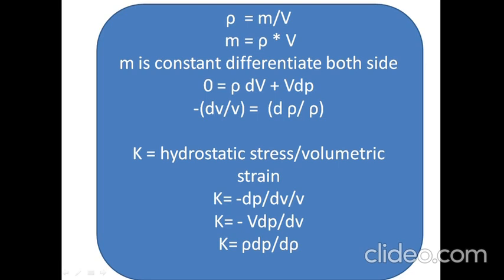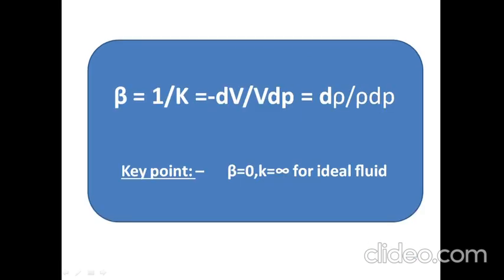Bulk modulus can be written as hydrostatic stress upon volumetric strain. So K is equal to minus dP upon dV upon V. K is equal to minus V dP upon dV. So K can be written as rho dP upon d rho. The negative sign represents the compression of volume.